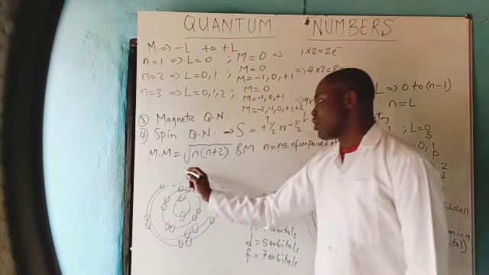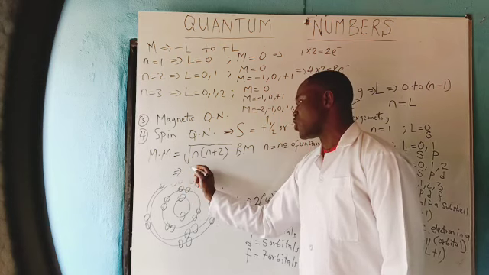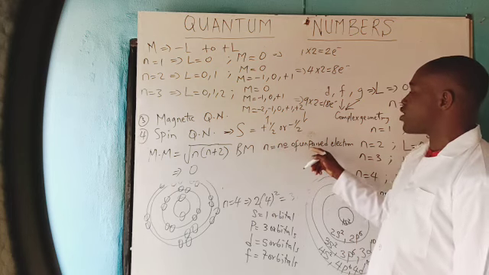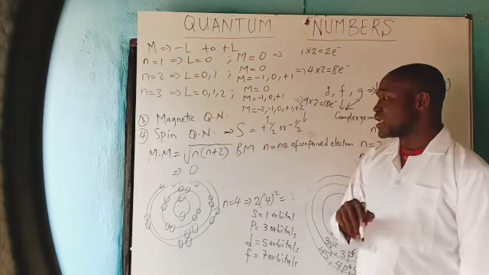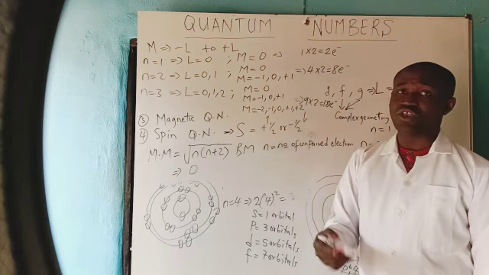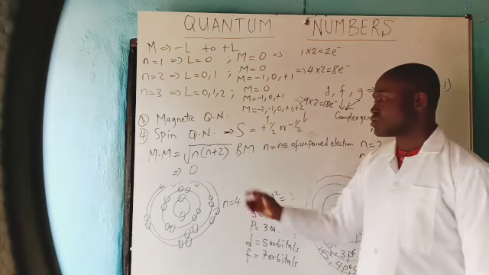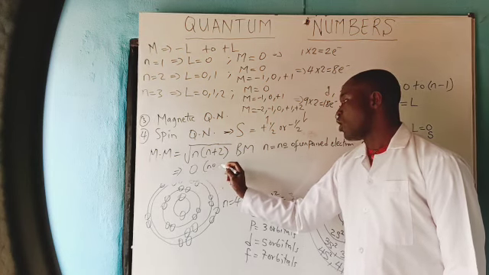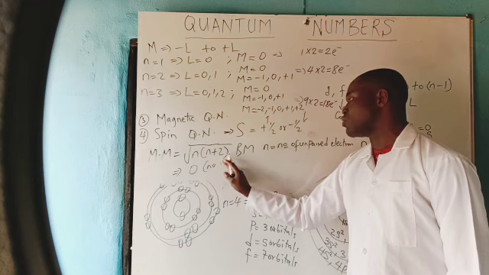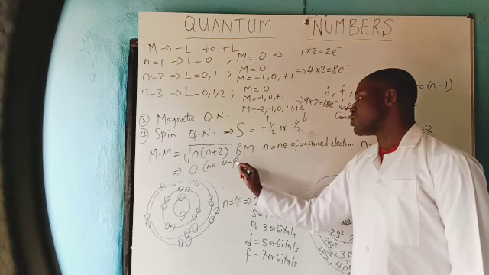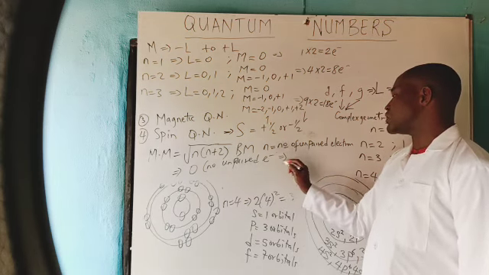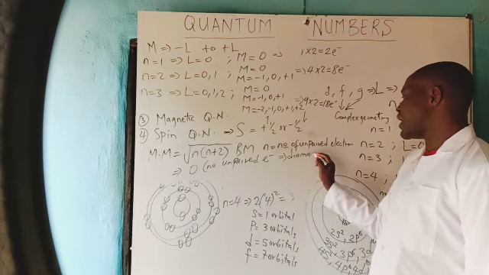Now, when the magnetic moment of a particular element or ion is 0, what is it trying to tell you? Since n is the number of unpaired electrons, that means the number of unpaired electrons is 0. It doesn't have any unpaired electron, and so we call it diamagnetism.